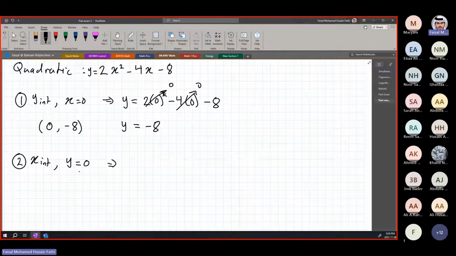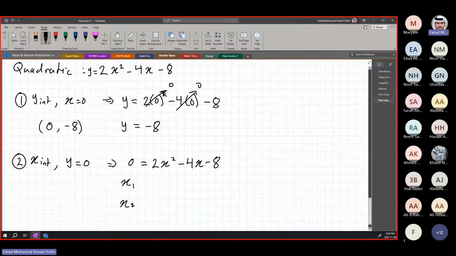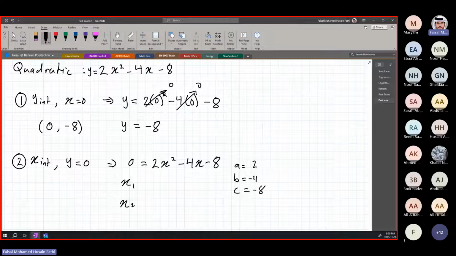So 0 is equal to 2x squared minus 4x minus 8. We get x1 and x2 because this is a quadratic equation. The a value is 2, the b value is minus 4, the c value is minus 8.